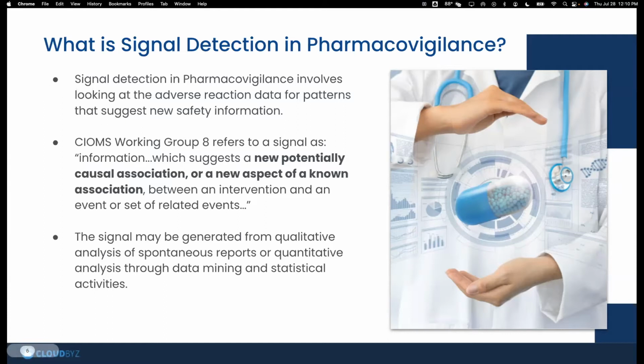And if we want to drill down even a little further on this, the reason why signal detection is so necessary is because we know that while clinical trials are a great way of testing the safety and the efficacy of our pharmaceutical product, oftentimes it doesn't tell the full picture, right?